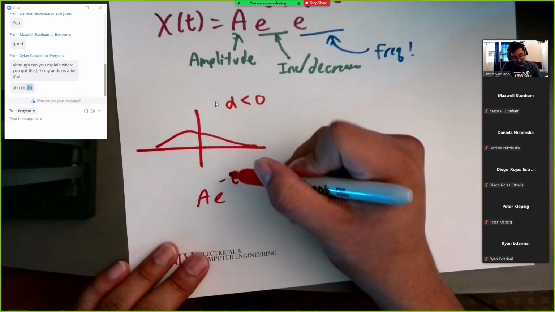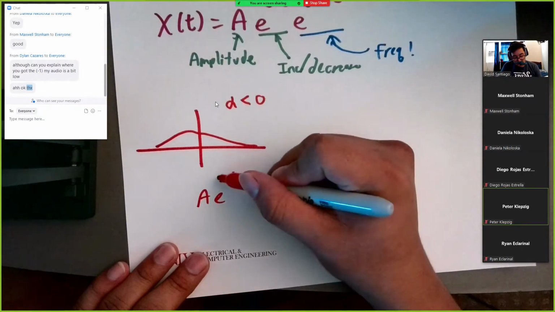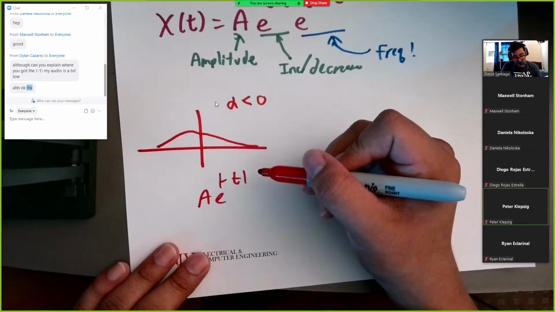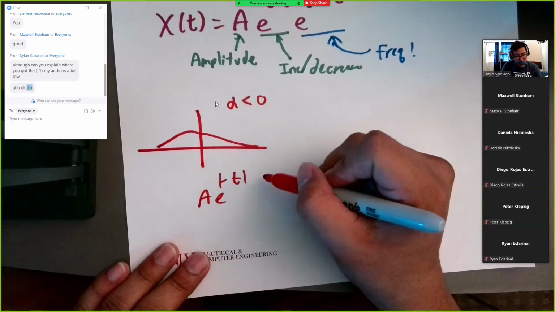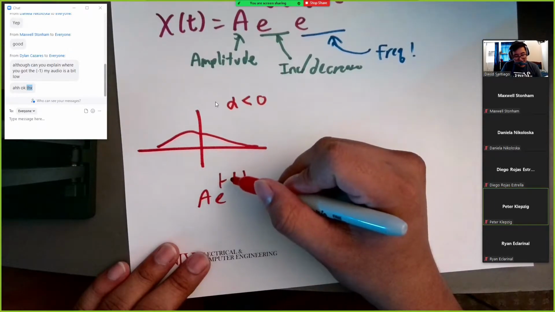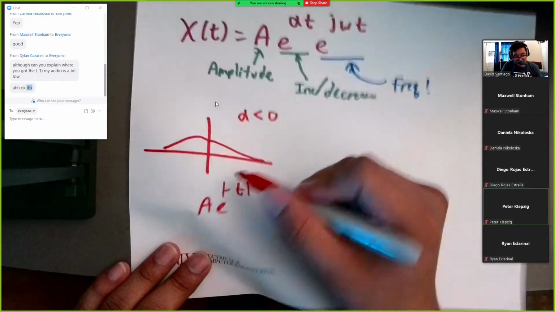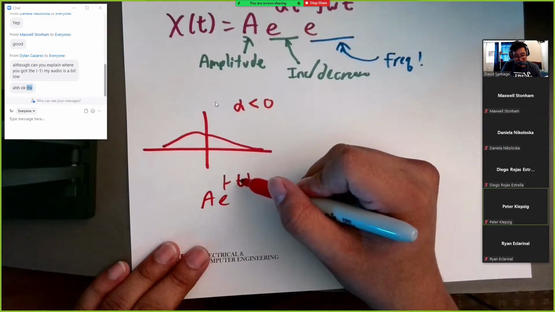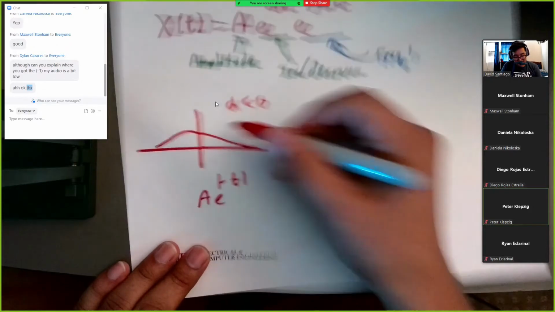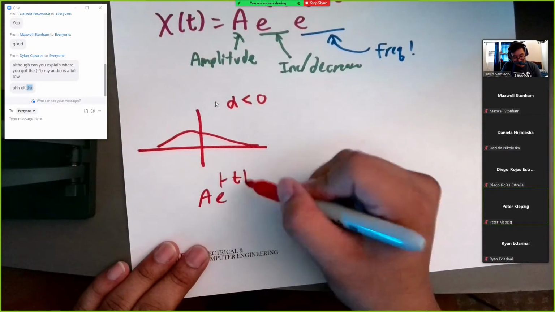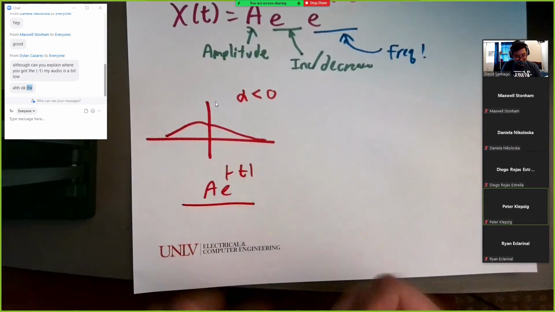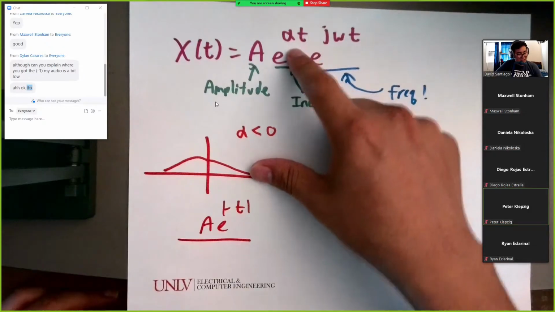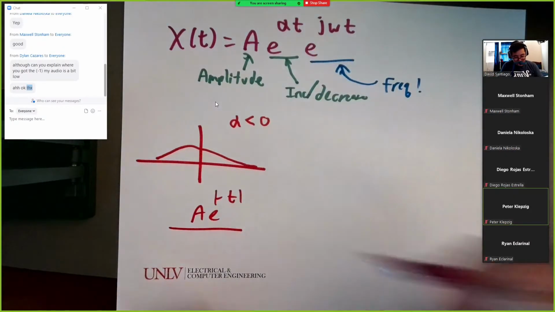And I think you can actually do an absolute value, because if it goes the other way, it might grow that way. Actually, I think this might be right too. But the point is, you have to control this. So now, how do you make this a power signal? This is an energy signal.